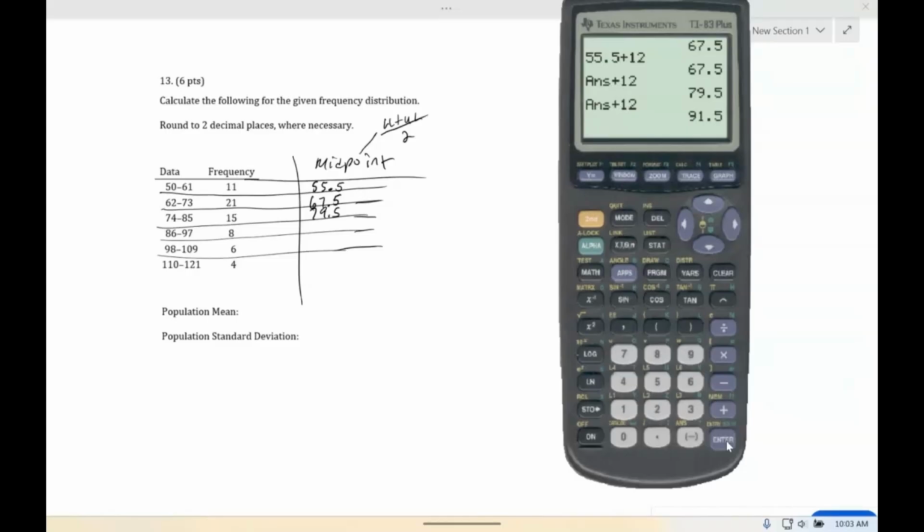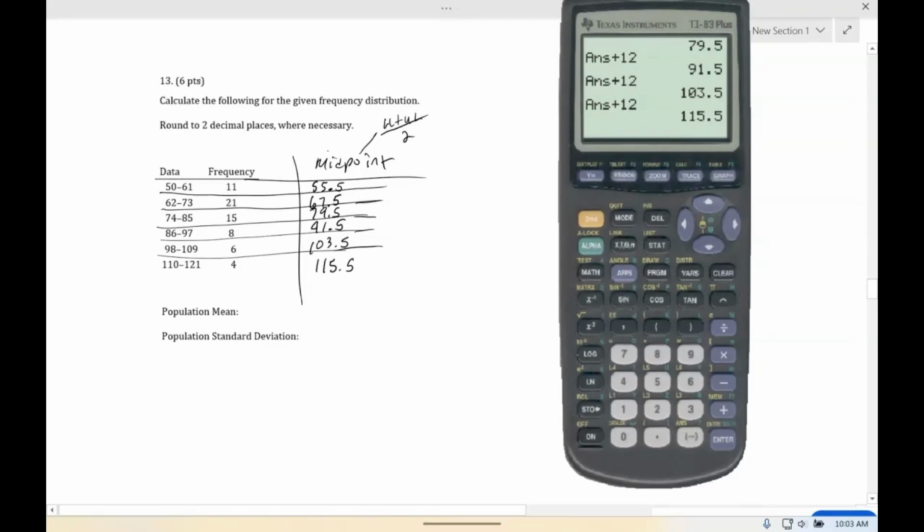I'm going to add the class width once more, 91.5. Our next midpoint is 103.5. And our last midpoint should be 115.5.